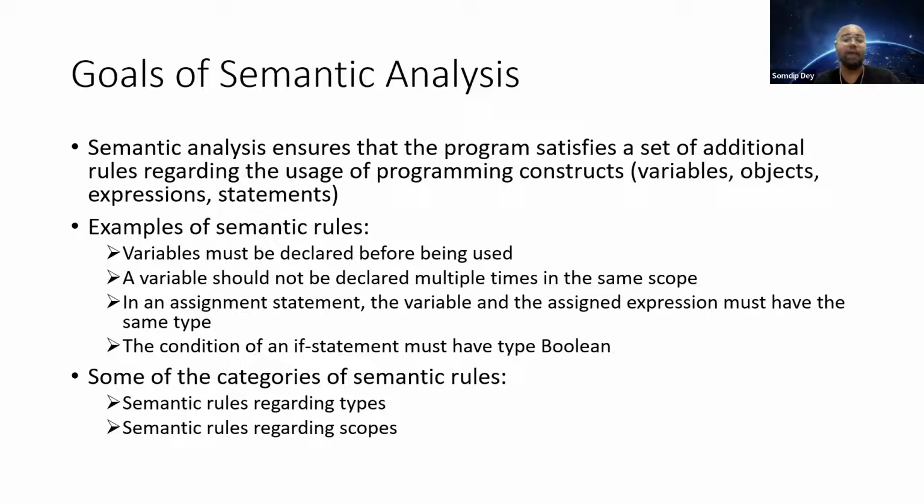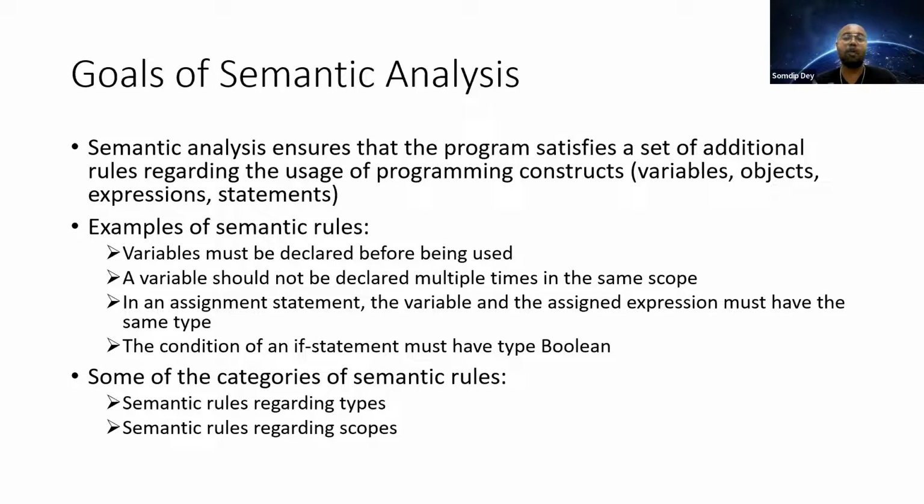Keep in mind that these examples of semantic rules are not exhaustive. These are only some of the most popular semantic rules that we should keep in mind, especially as a software engineer, if you end up designing your own language, not just as part of this module, but in the industry, if you develop a language as part of the team you're working for.